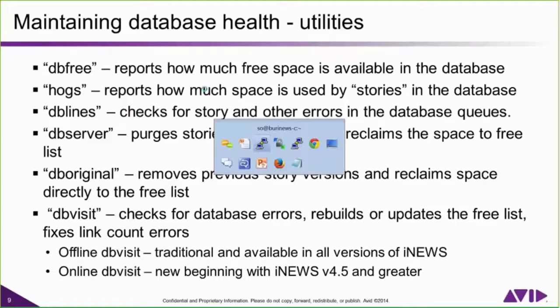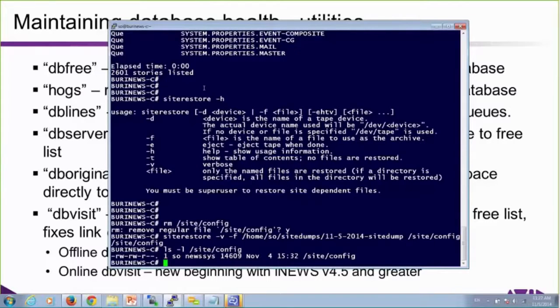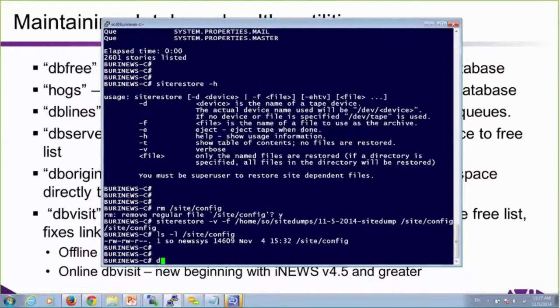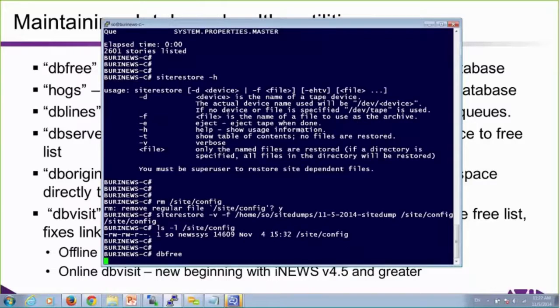So we're going to pull up a Linux screen here again, command line screen, and we'll go over some of these commands just so you can see what they are and see how they work. The first one in our list was DB free, and you just type DB free and press return.